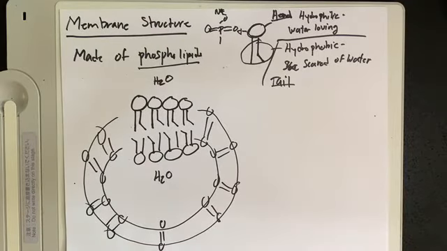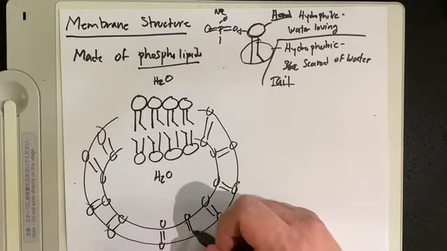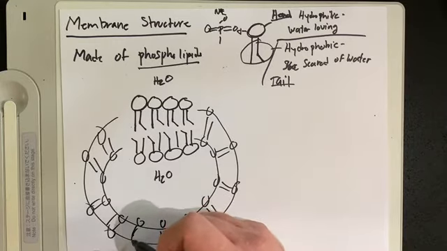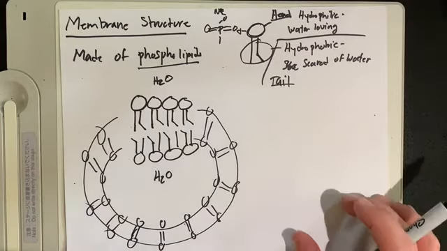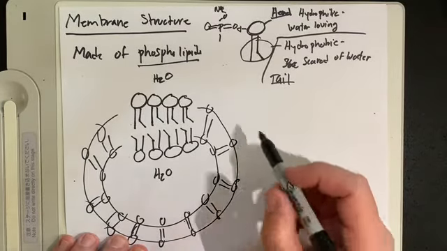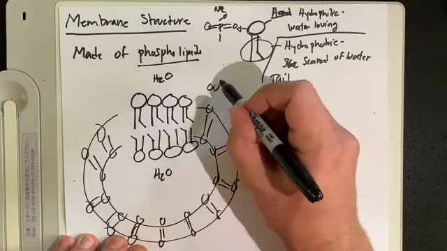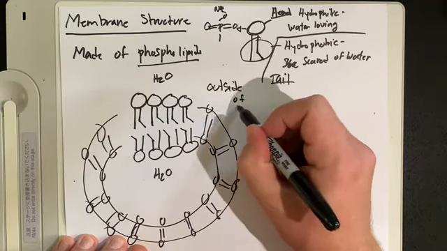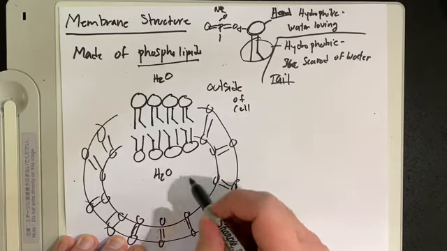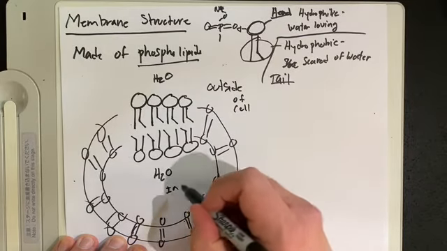And so what does that end up creating? This now creates the structure of a cell. So here you have the outside of a cell, and you have inside.